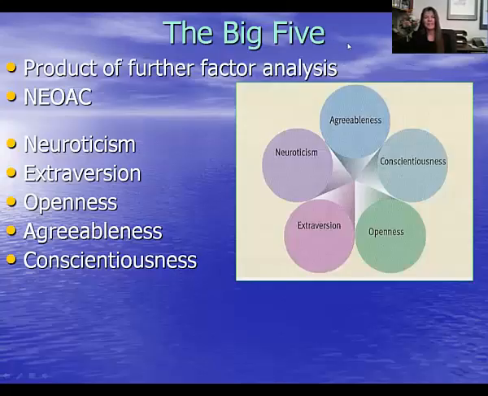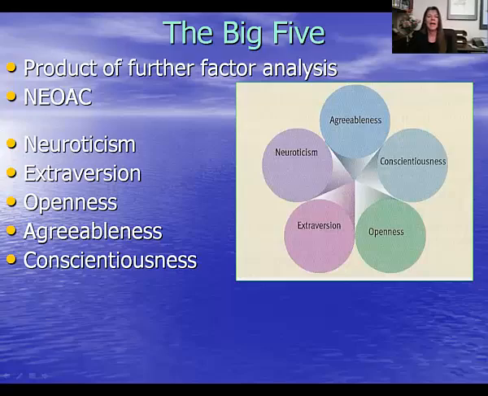Now, the Big Five. This leads us to the Big Five. And this was simply the product of a factor analysis that did not look within a business environment. So this is looking simply at individual differences between normal people.